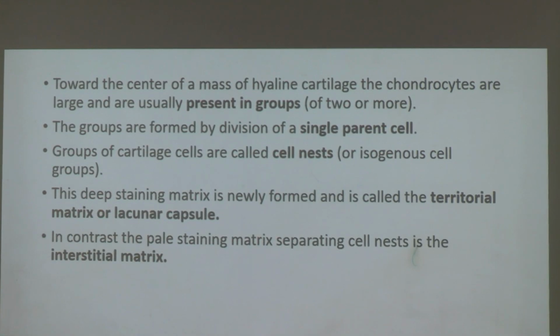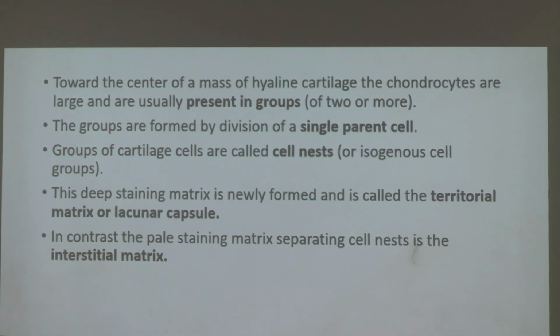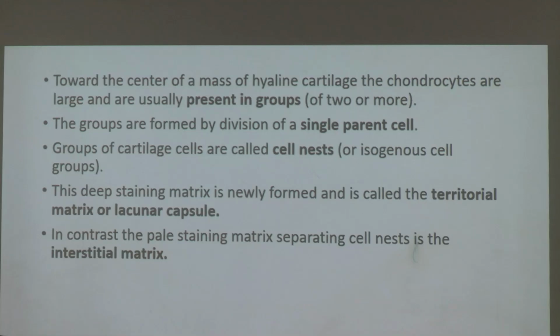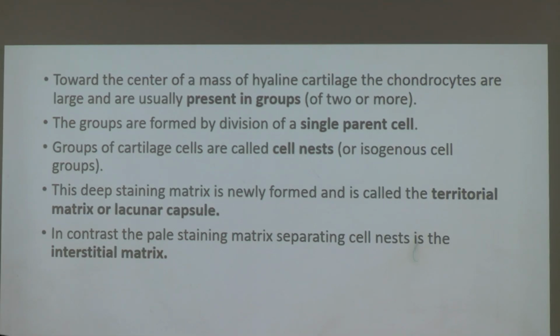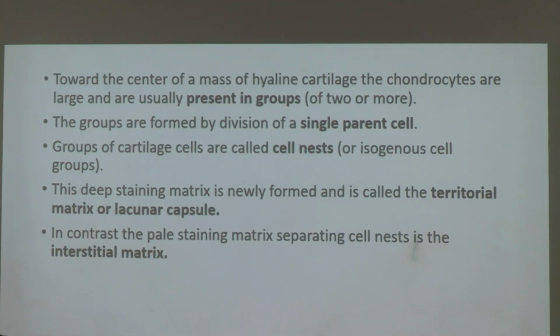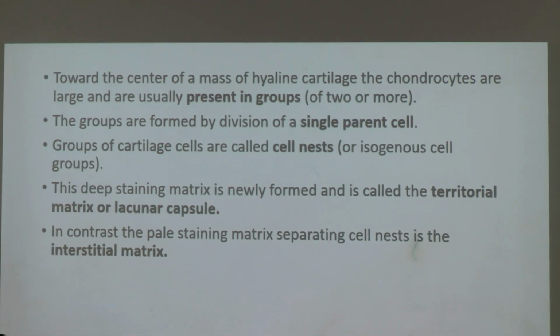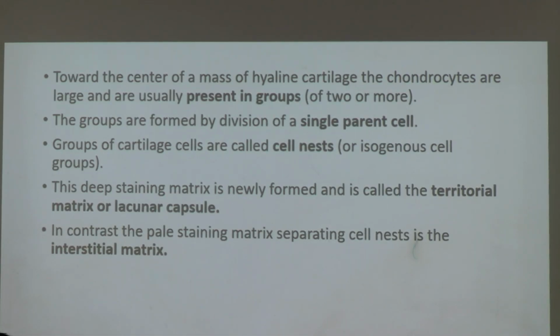Towards the center of the mass of hyaline cartilage, chondrocytes are large and are usually present in groups of two or more. The groups are formed by division from a single parent cell. The groups of cartilage cells are called cell nests or isogenous cell groups. The deep staining matrix is newly formed and is called the territorial matrix or lacunar capsule.